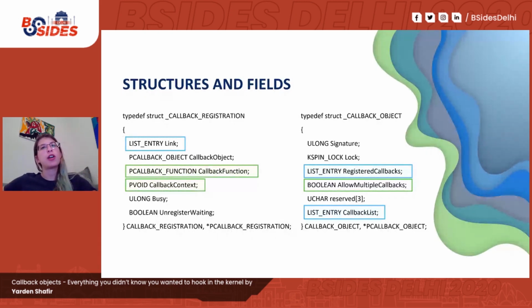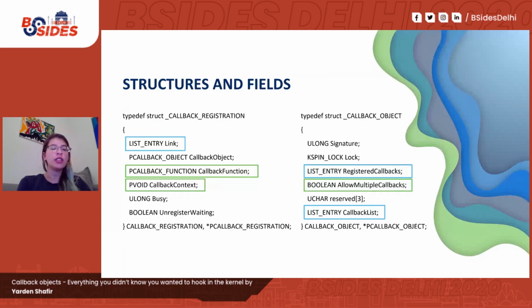And the last field in the callback object that's interesting is AllowMultipleCallbacks. Like the name suggests, that's a Boolean value that says, do you want to allow more than one callback function to be registered here or not? That field is specified when the callback is first created.